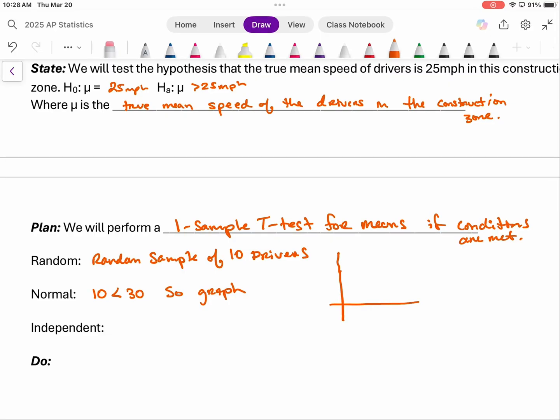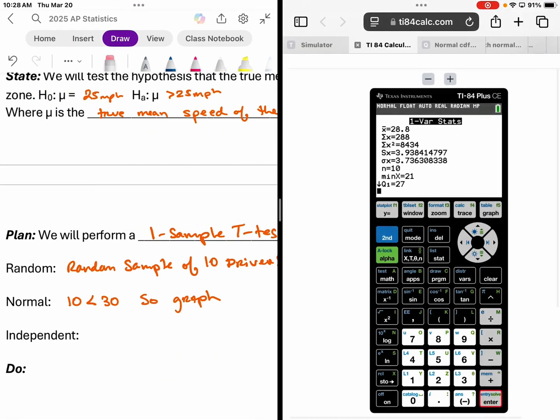So I'm going to split my screen and get back to my calculator. I'm going to go up to my stat plot, so second y equals. I'm going to turn plot 1 on. And then when I go down to the type, we're going to go to the very last graph. I'm pausing there in case I'm going too fast. We used that one before, okay?